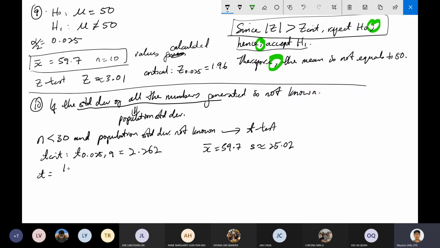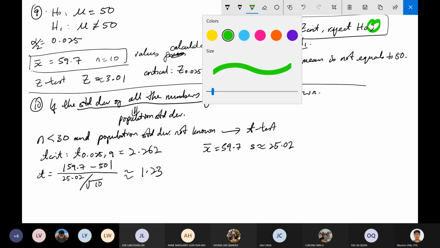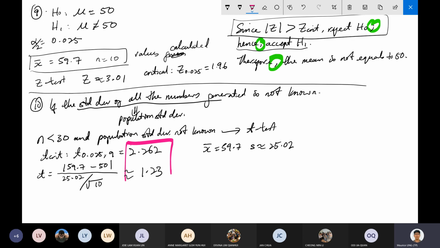So here we have 59.7 minus 50 divided by 25.02 over square root of 10. So you end up with about 1.23. So based on this, do you accept or reject null hypothesis?